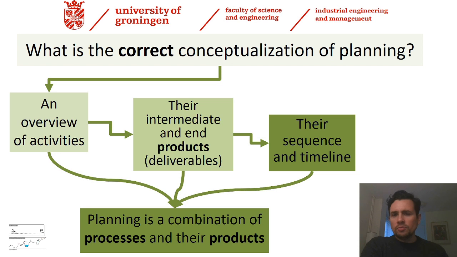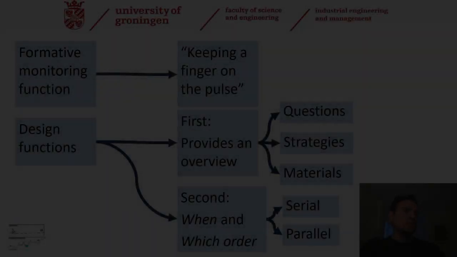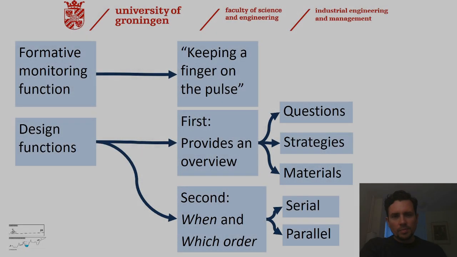But it's a combination of both, the deliverables and the timeline, that becomes the actual research planning, meaning that it's a combination of processes and products. This is the way that we should define it, and it should be well connected to our goal and to our sub-questions.